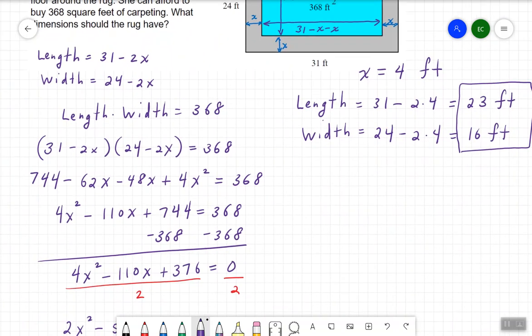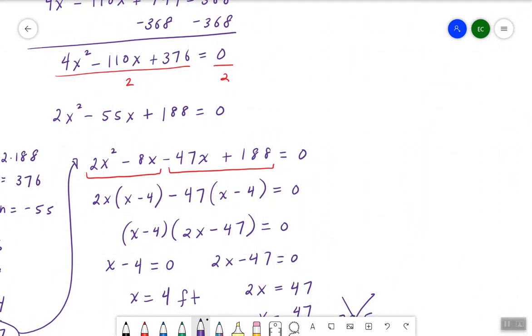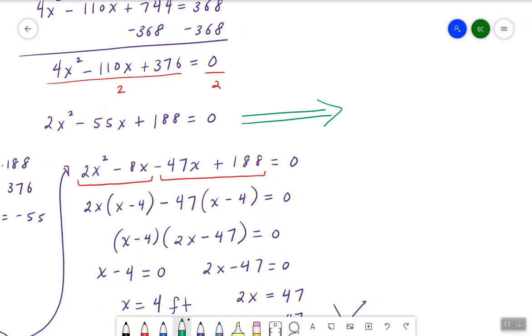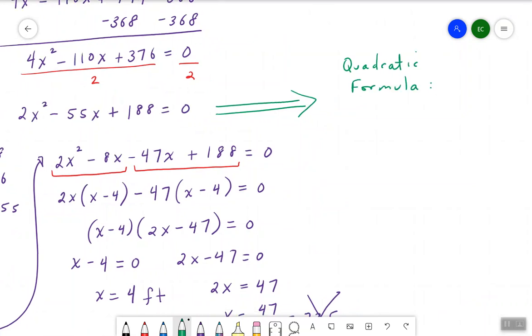Okay, one more thing I want to say about this is here we have a quadratic equation that needs to be solved, and we can solve it by factoring. We did that, but the quadratic formula might be easier. And so if we use the quadratic formula, do you remember what that is?